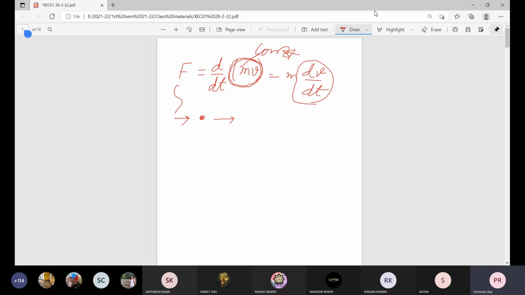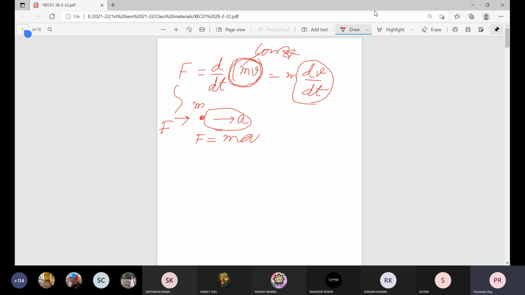Acceleration. It is acceleration. So it is moving in this direction with this acceleration a having this mass m, and this is the applied force. In the direction of the applied force, this acceleration has been developed, and more popularly we write it in this way for a constant mass.